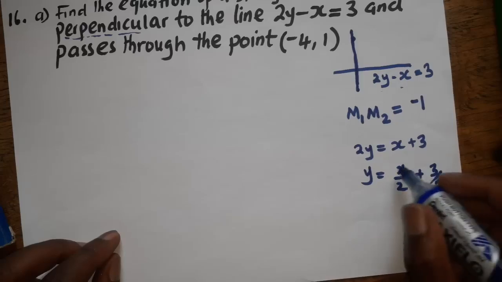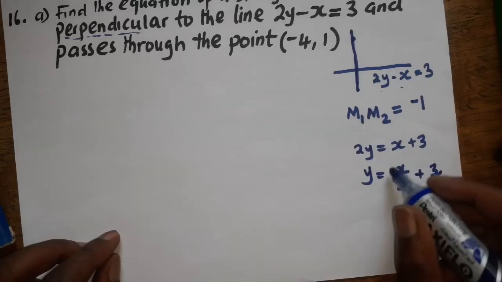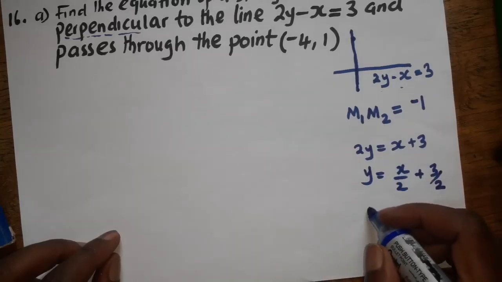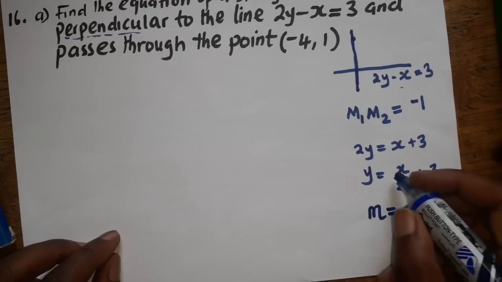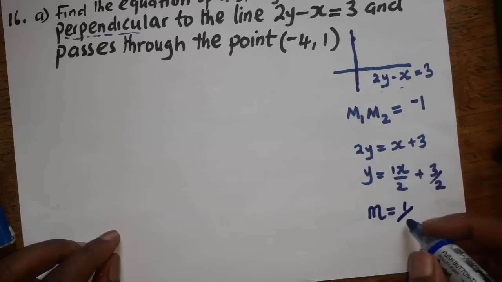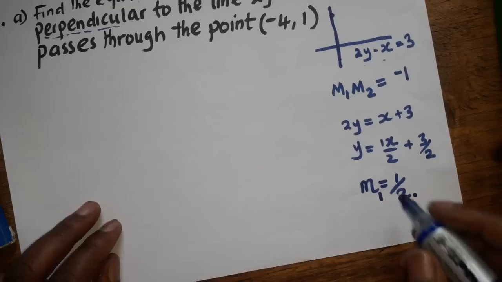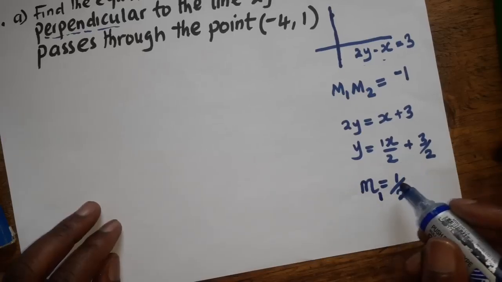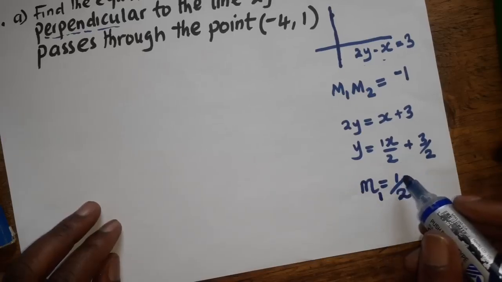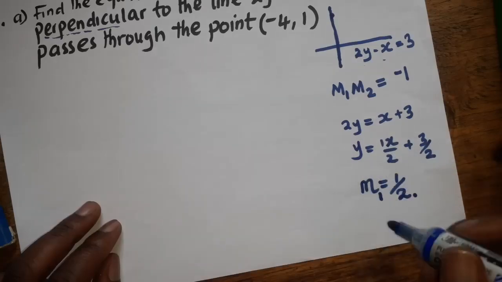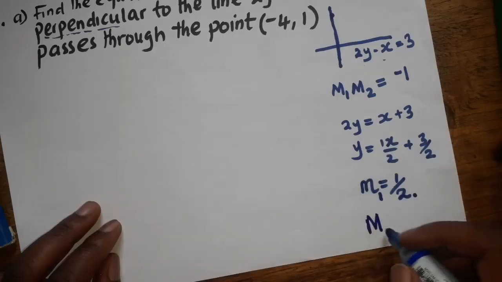At this point we get the coefficient of x as our gradient, and the coefficient of x is 1 over 2. So this is our m1. So what will be our m2?